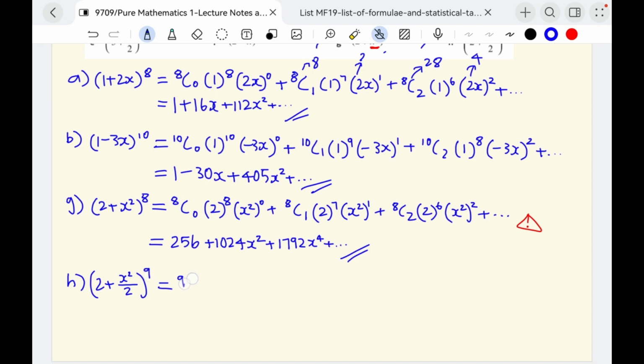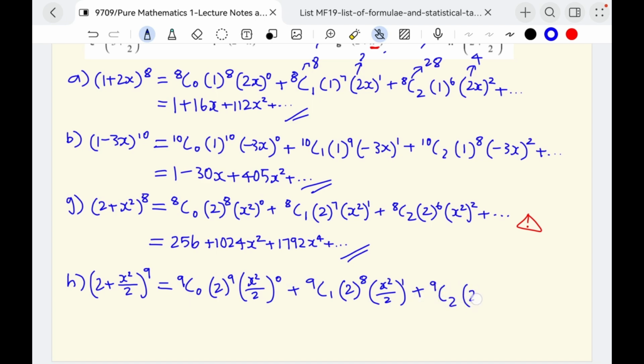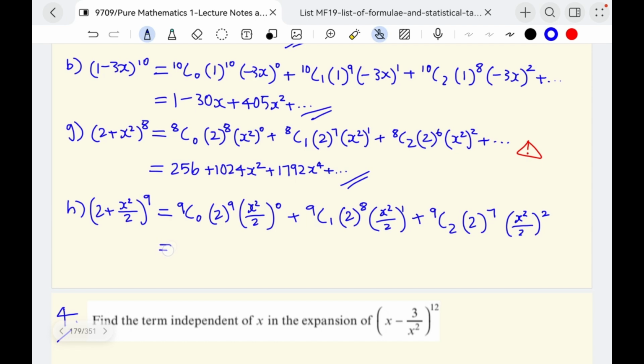So 9C0, 2 to the power of 9, x squared over 2 to the power of 0, plus 9C1, 2 to the power of 8, x squared over 2 to the power of 1, plus 9C2, 2 to the power of 7, x squared over 2 to the power of 2.